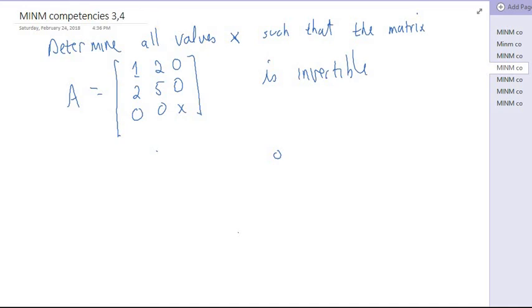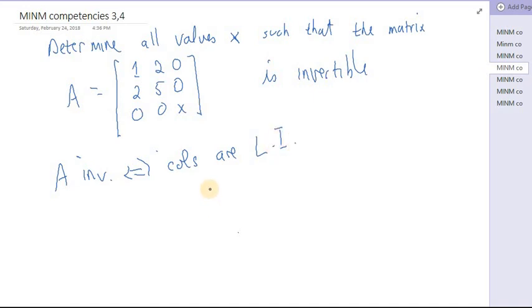All right, so let's go ahead and see how we're going to do this problem. Now, there are a number of conditions that give us that A is invertible. One of them is that the columns are linearly independent.